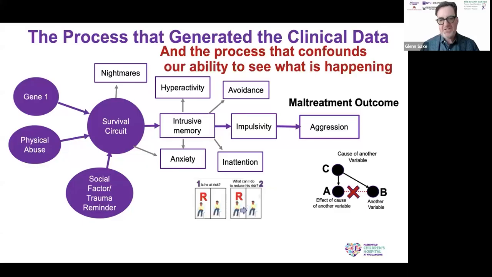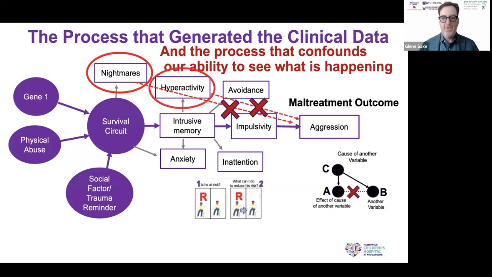Why is that? Again, for the same reason. Because if you think of C as the survival circuit, and its line to B, aggression, goes through intrusive memory and impulsivity, A is, let's say, think of A as nightmares. Just think of this triangle. That's going to correlate, but it will be confounded, as I've said before. Same thing for all of these.